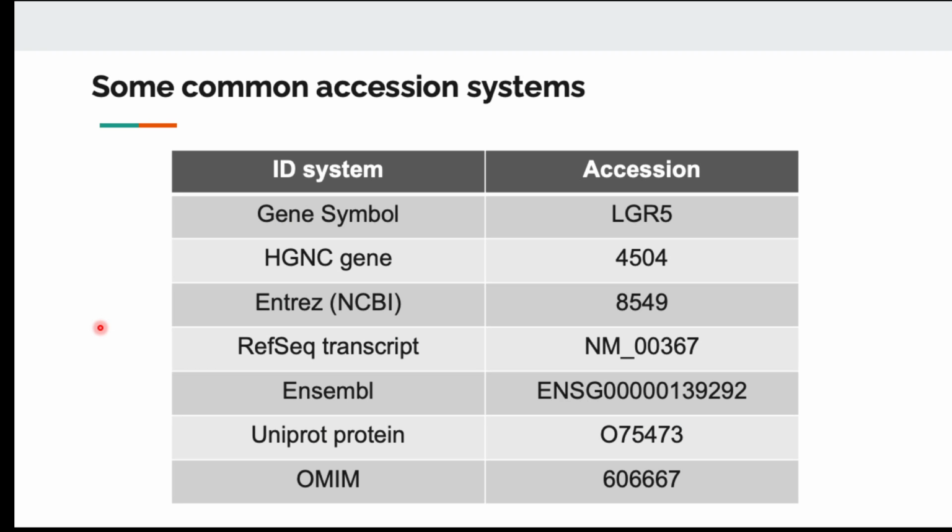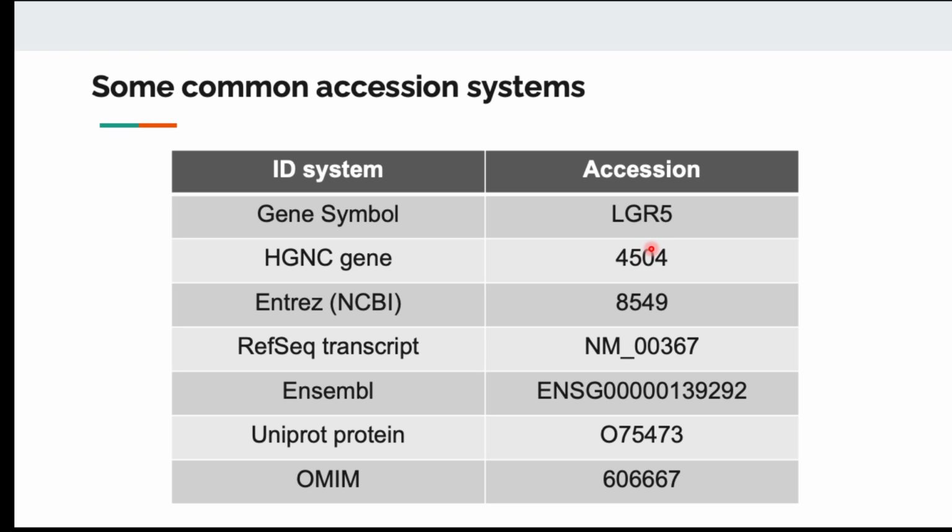So one thing that we have seen in several lectures before, and that will be very important when we navigate the online knowledge bases, is the knowledge of these accession IDs. As a biologist, you are probably familiar with gene symbols. LGR5 is a gene symbol that you can recognize.